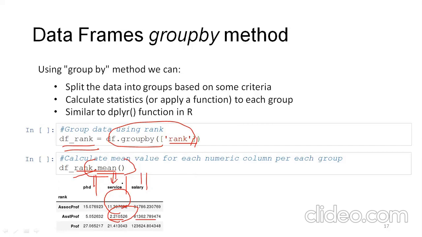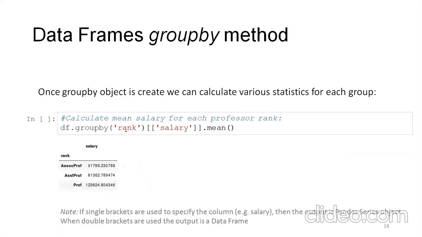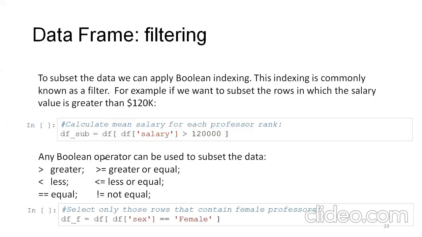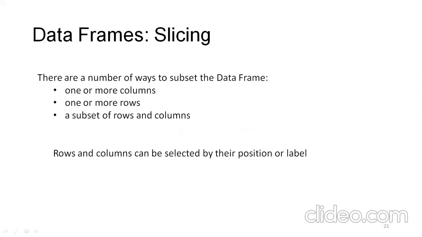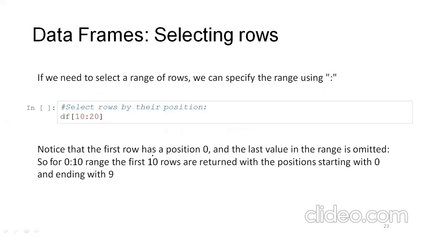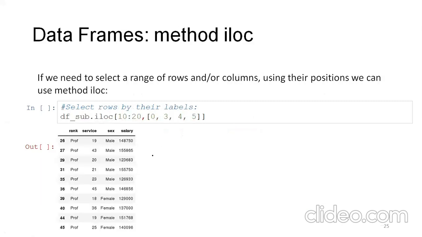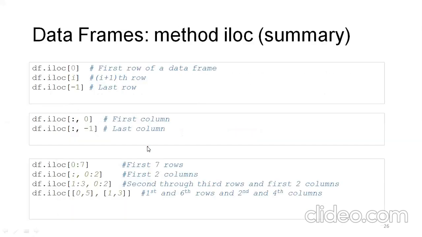If I want only the mean value for salary, I can give it like this: in that groupby rank, I calculate the mean for only the salary column. If I give it like this, only the mean value will be calculated for the salary field. I wish to show some hands-on in Jupyter Notebook for this example, as it will be more useful. So let me show one example for that.